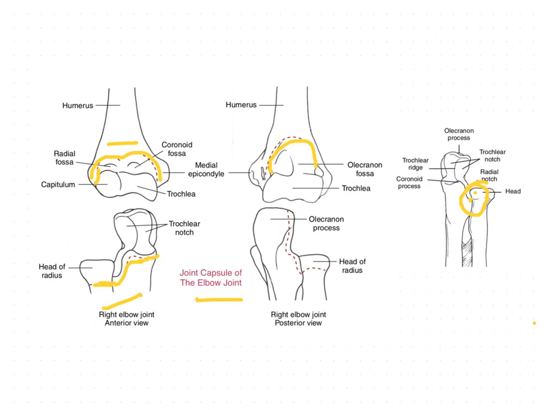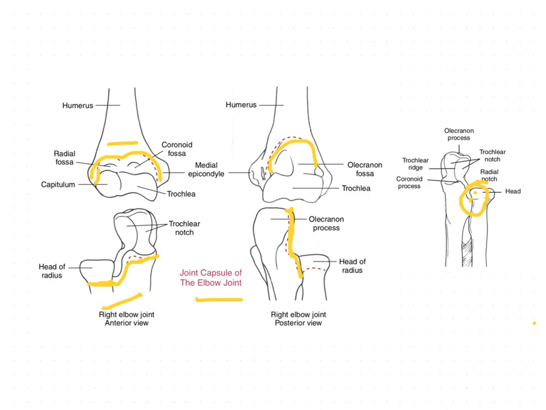Here we will have this annular ligament, upper margins of the annular ligament, and also upper and medial margins of the olecranon process, and some part will come to the medial epicondyle also.